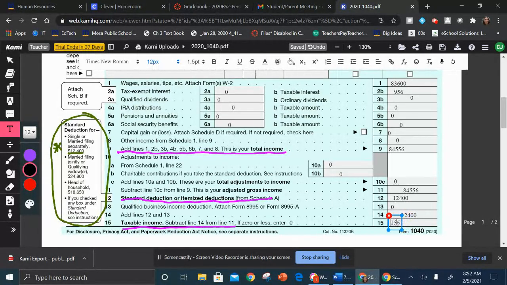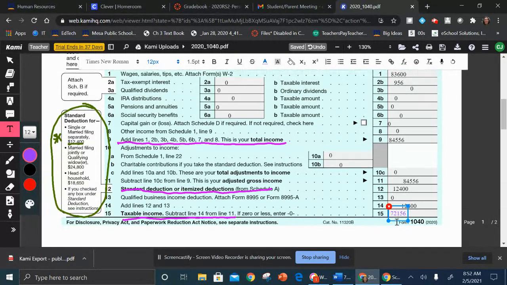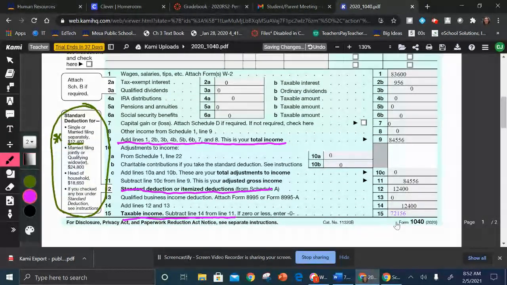Okay, so that is the AGI, adjusted gross income. So this is the adjusted gross income. This is the AGI, everybody.